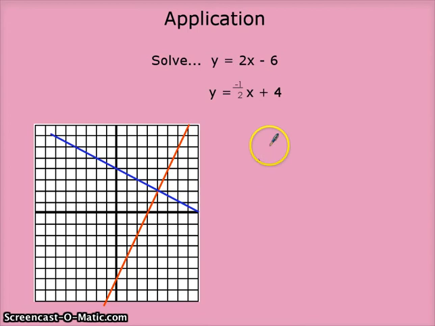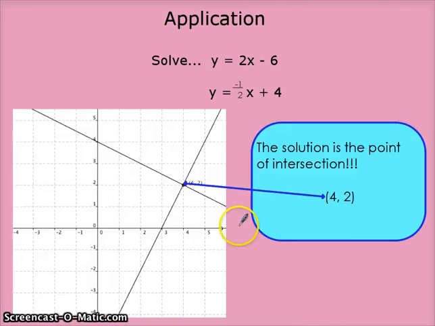So, in order to find the solution to this system, we need to find a point that fits both equations. So looking at this graph, what point fits both equations? If you said the intersection, you are correct. And in this case, the solution, the point of intersection, is 4, 2.